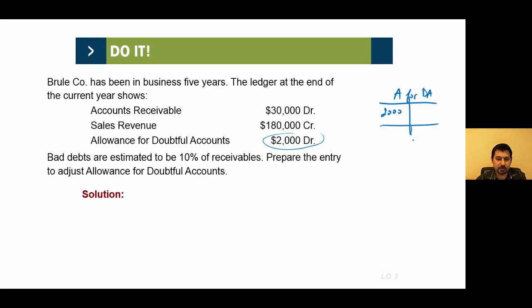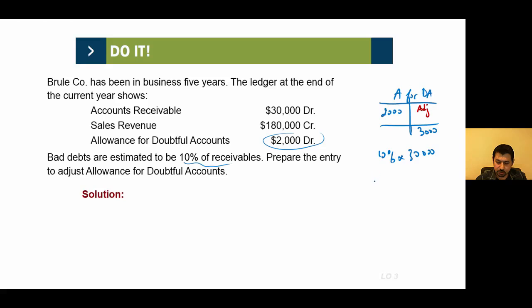The ending balance will have to be 10% of receivables, and 10% of receivables is equal to 3,000, so 10% multiplied by 30,000 is 3,000. Here we need to calculate the adjustment.